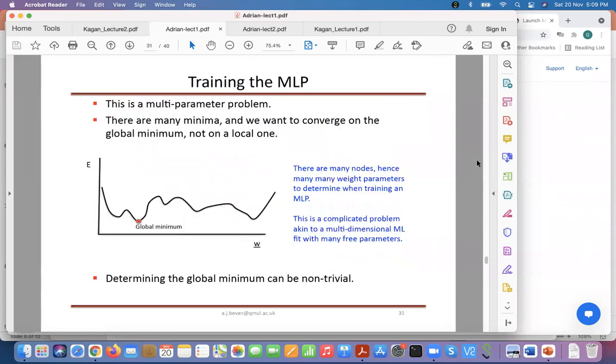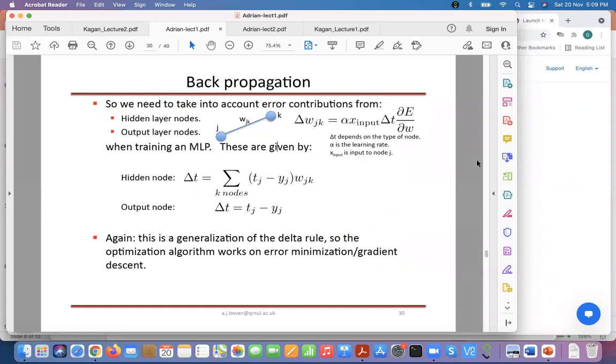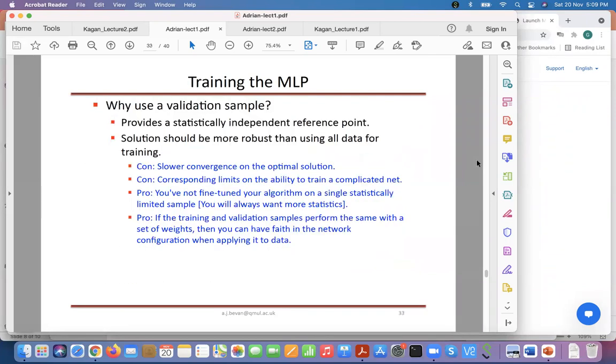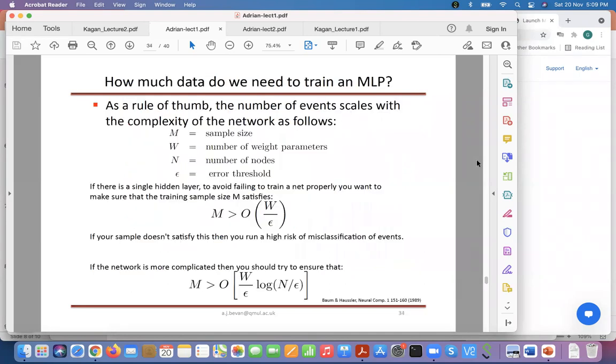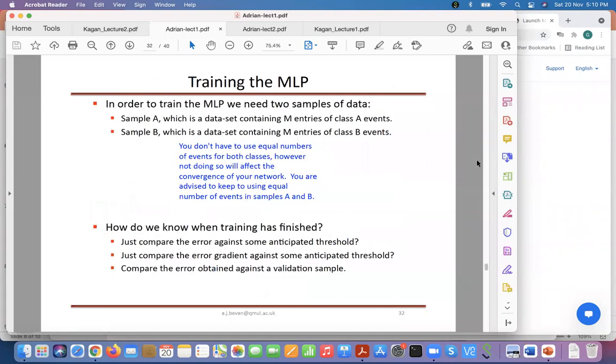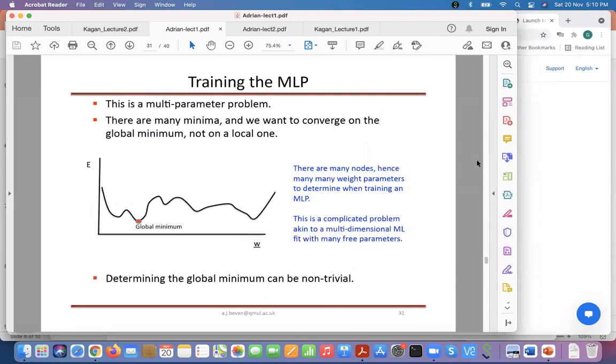So what I wanted to say: I will share with you the slide where I will highlight the important things. This is a question someone had raised, how much data we need, I think in the first lecture, and also what is overtraining. These are the things I wanted to tell you.